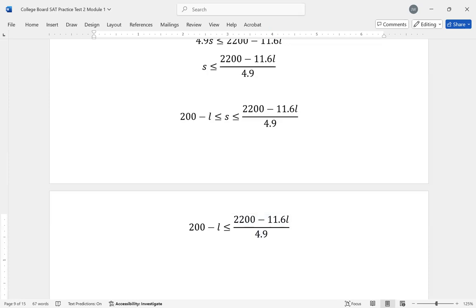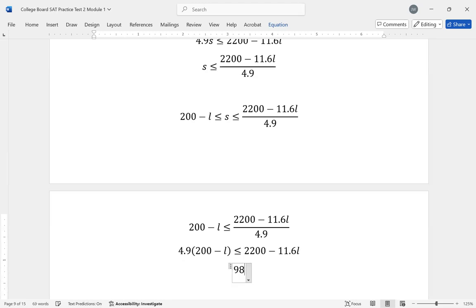To solve this inequality, you would multiply both sides by 4.9. 4.9 times 200 minus L on the left-hand side, and on the right-hand side, you'd get 2,200 minus 11.6 L. 4.9 times 200 is 980.